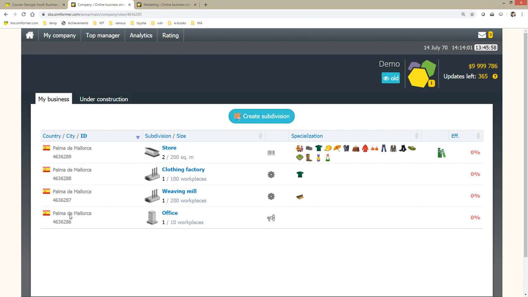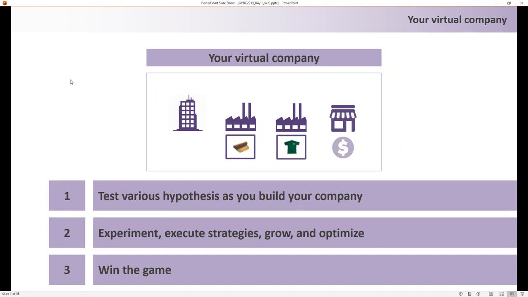Now, as you can see, this is your company, this is how you manage it, and before we continue, we will first focus on what task is being given to you and what you need to do in order to compete and succeed. Roughly, what you need to focus on is management of your virtual company.